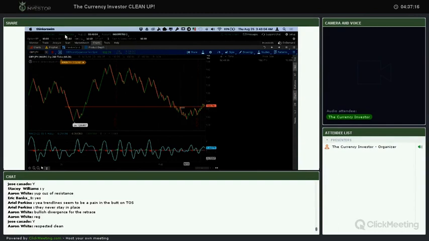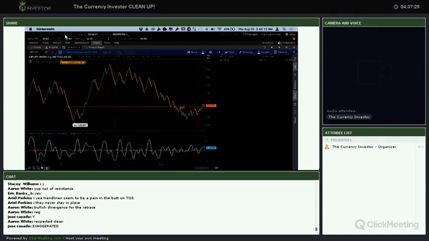Definitely found a bearish divergence. Yeah, it looks good.